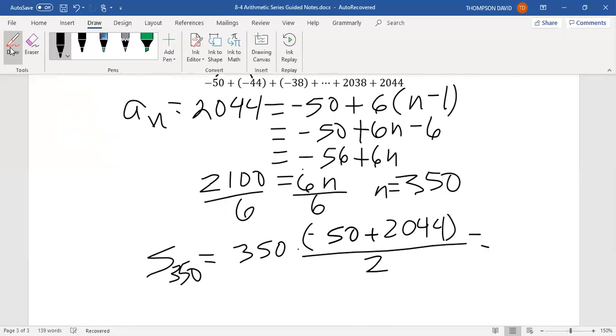Plug in the calculator and we get our sum. So 350 times negative 50 plus 2044, divide by 2, and we get 348,950 and we're done.